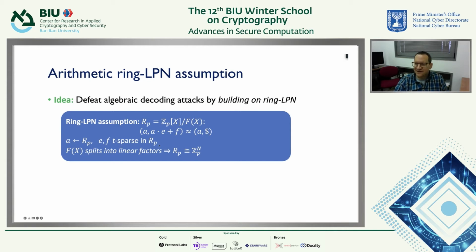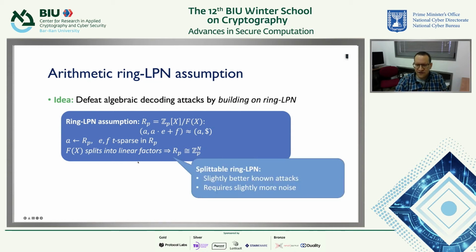For certain types of PCGs, like if you want an inner product correlation or you want a big correlation over a big polynomial ring, then we can use an arbitrary polynomial F, but for the purpose of generating many instances of OLE or triples, we need F to be fully splittable into linear factors.